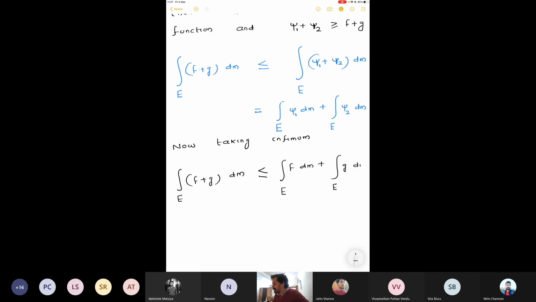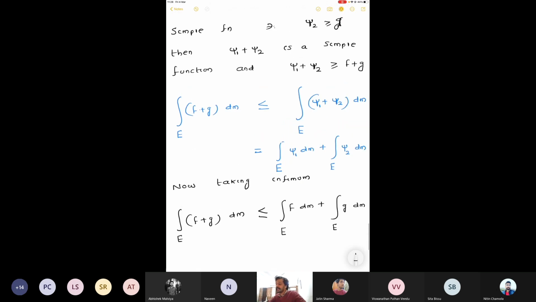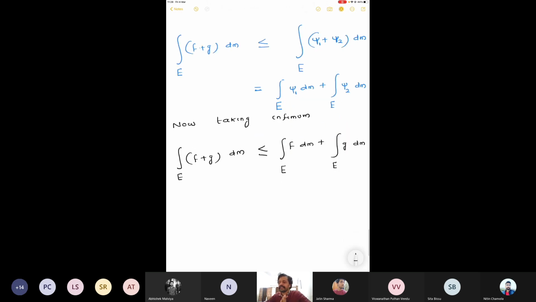Do you agree? That's the definition. That is how we integrate a bounded measurable function: take the integral of simple functions greater than F and then take the infimum. Is that okay? Yes, sir.